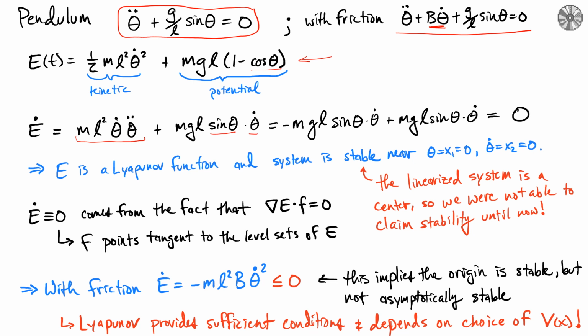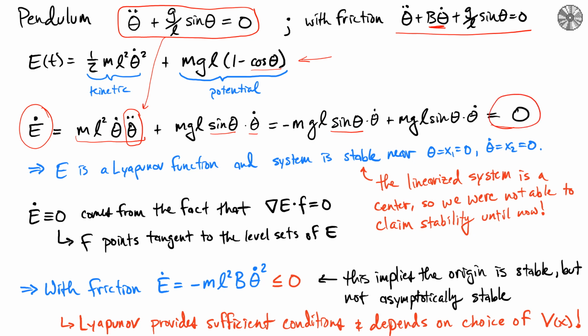From here, we substitute in the quantity for theta double dot from the dynamics. We solve for theta double dot and put that in, and that provides us with this sine of theta here. What we're interested in doing is showing whether or not this tells us stability. What this tells us is that this E dot term, our Lyapunov function derivative, is exactly equal to 0.